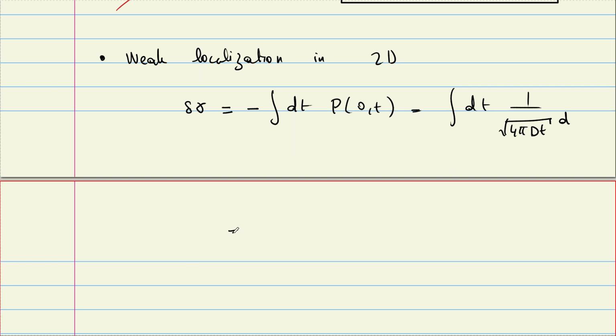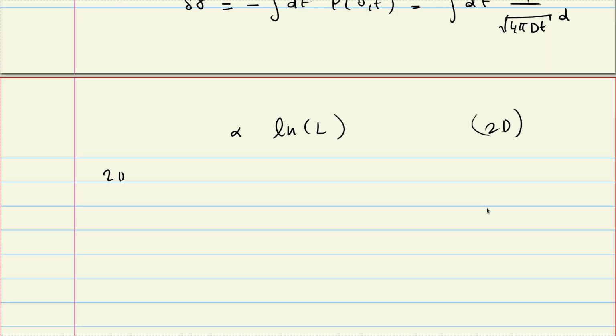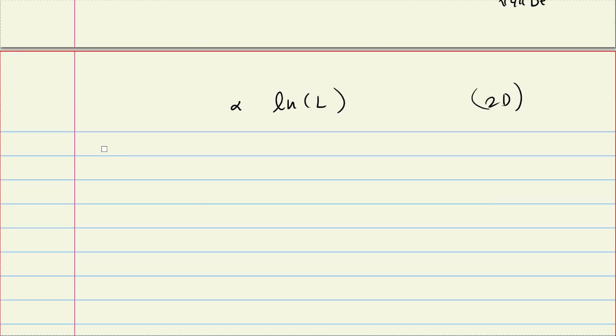When we did this for 2D, we found it was proportional to the system size logarithmically. You just take this integral and put a cutoff, and that cutoff is going to be proportional to ln L. We did that there, you can look at those calculations. And in 2D, that's the one that we need to determine the higher order contribution.